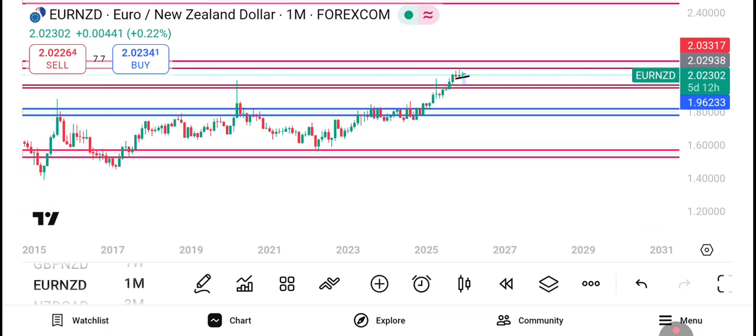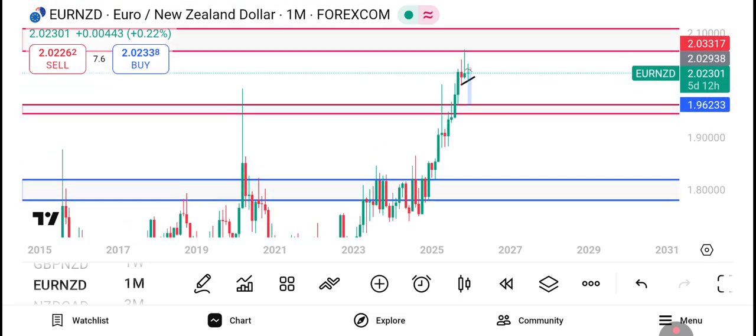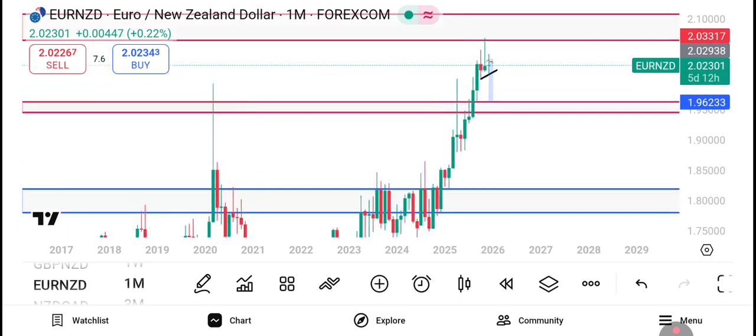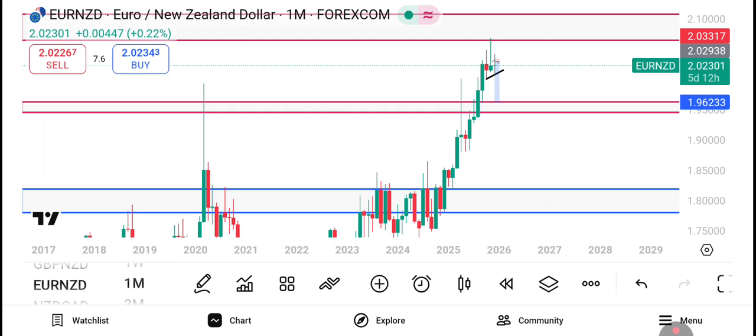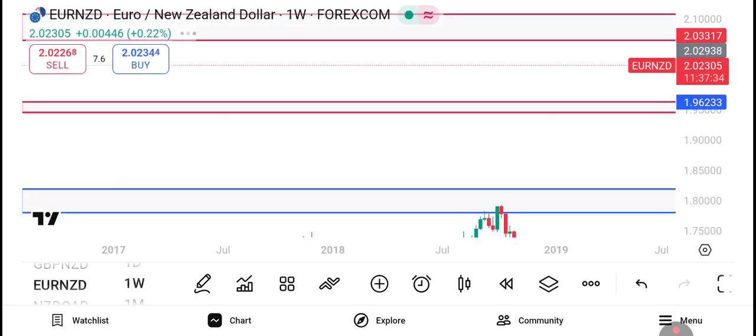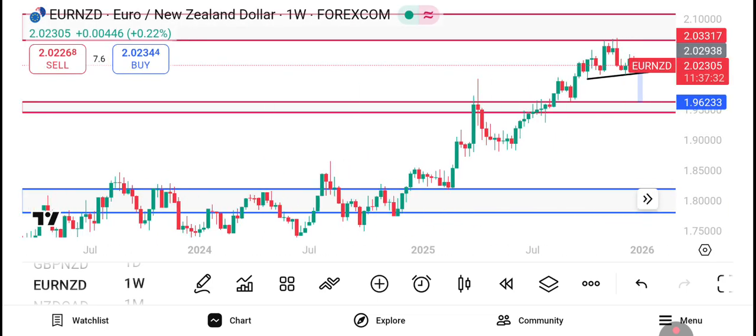So what we have to do is go over to weekly time frame. This is where you pay more attention to.